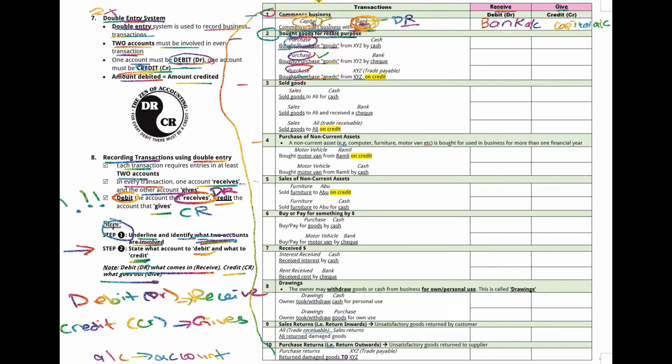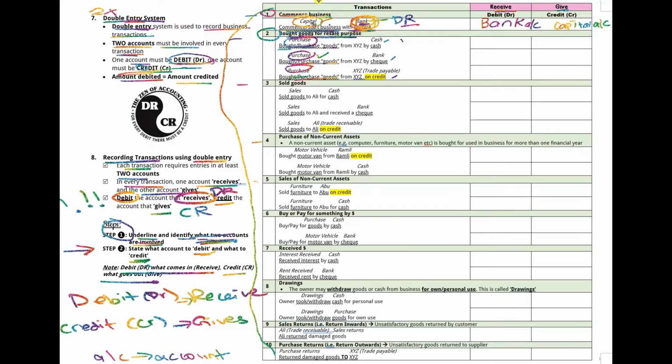Now there are three types of transaction when you buy the goods. You can buy the goods and pay by cash. You can buy the goods and pay by check. Or it can be a credit transaction where you don't pay the money first, on credit, as we learned before.